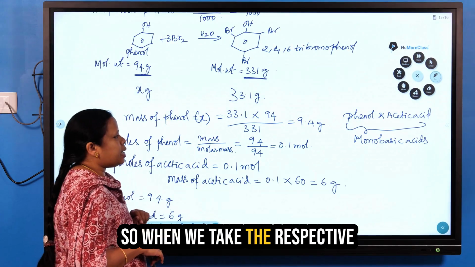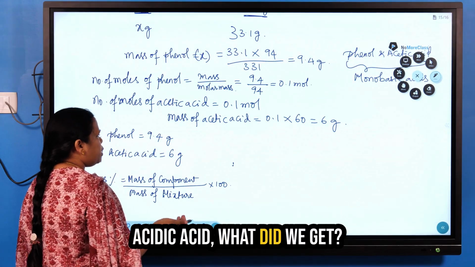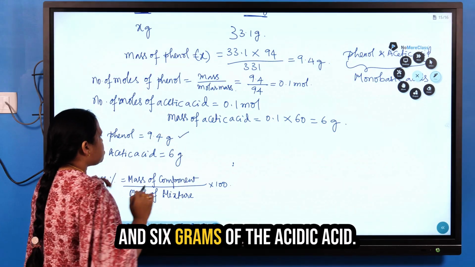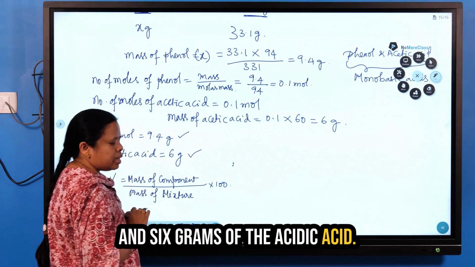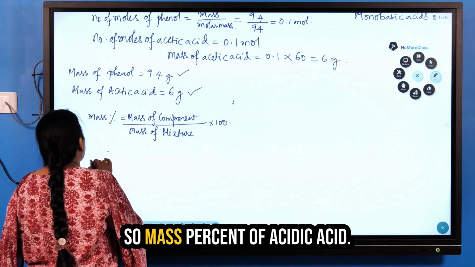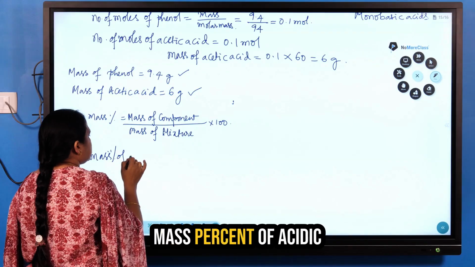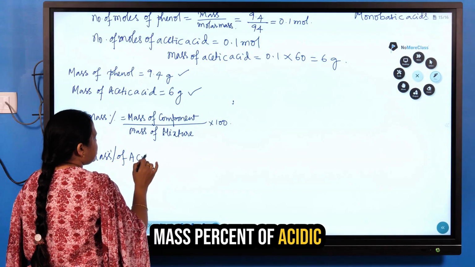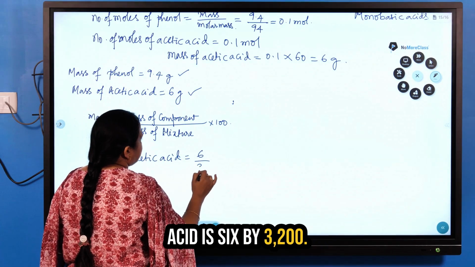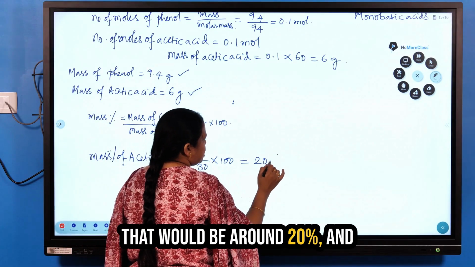So we got 9.4 grams of phenol and 6 grams of acetic acid. Now let's calculate the mass percentage of these two. Mass percent of acetic acid is 6 by 30 into 100, which is around 20%.